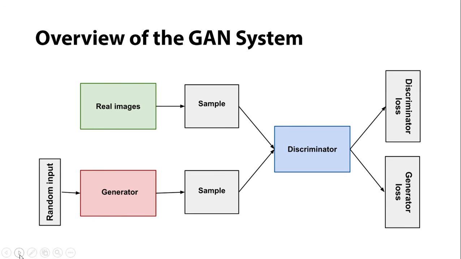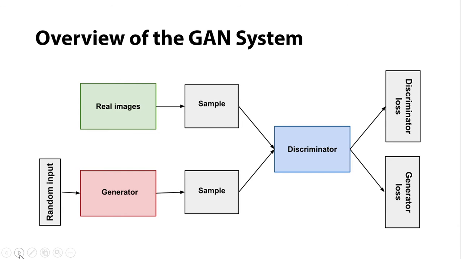So just to give an overview of a typical GAN system, we see there are two inputs. In this case we think of images: a set of real world data that is provided as samples, as well as random input that is provided to the generator. What the generator does is it creates sample data based on that random input. The initial data that it creates can be completely random based on the random noise that is input into the generator.